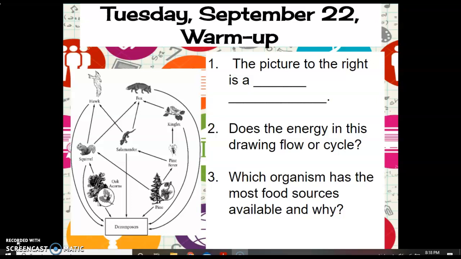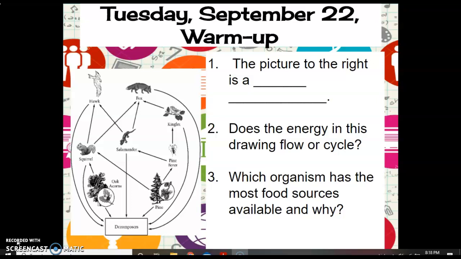You could have said, and maybe this is a correct answer, it just kind of dawned on me that the decomposer may have the most food available because all things when they die are decomposed. So you could have said the decomposer, but if you left the decomposer out, it would be the fox.